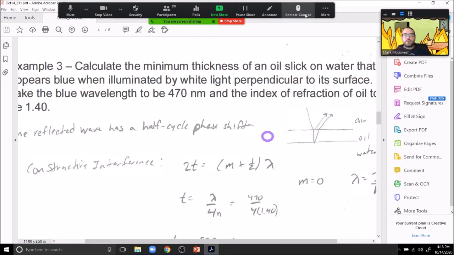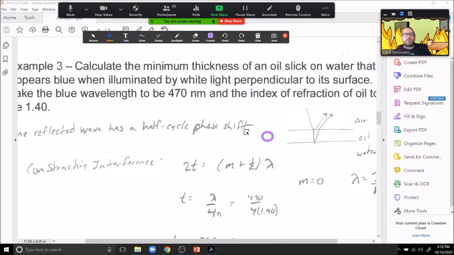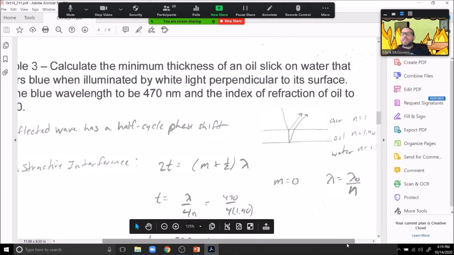So, 2t equals m plus 1/2 times lambda. We want the minimum thickness. That will be m of 0. Anything higher than m of 0 means a longer path length, which is not a minimum, right?